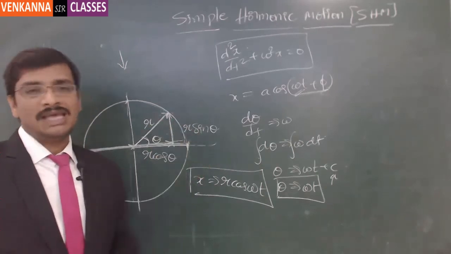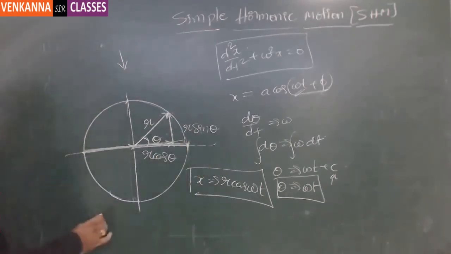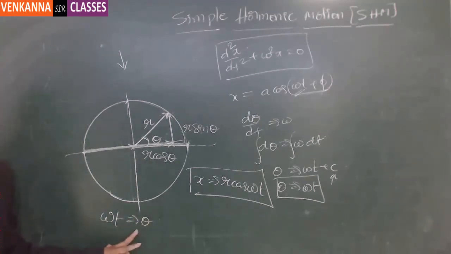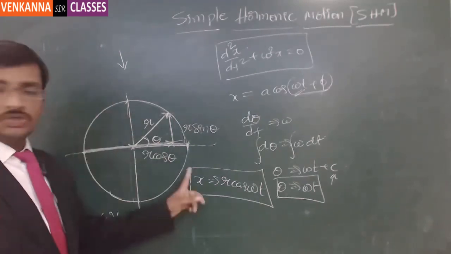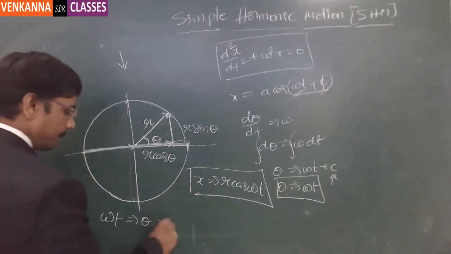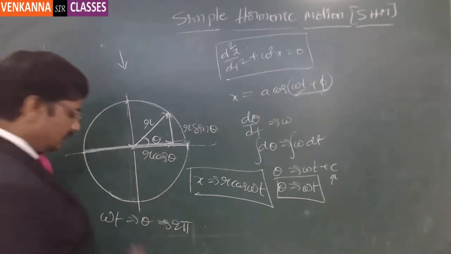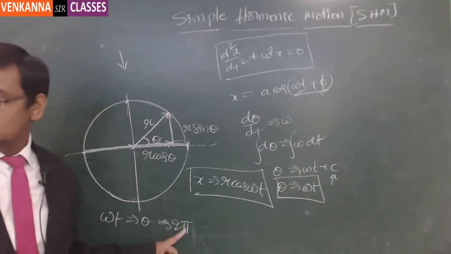Now if omega is the angular velocity, then omega t equal to theta. So this is the angular displacement. For one complete revolution, this theta will be 2 pi. So to complete one cycle, omega t has to change from 0 to 2 pi.